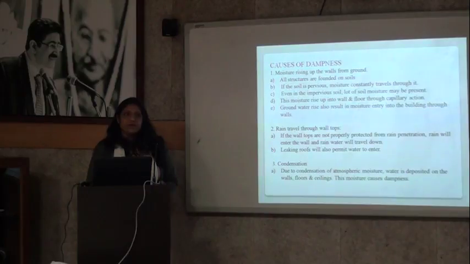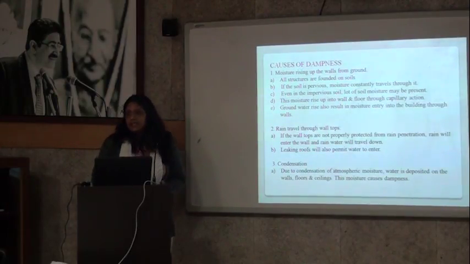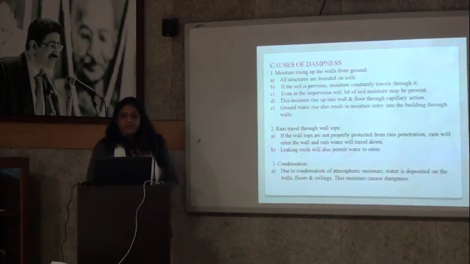The foundation part can easily catch the moisture, and from that substructure, the moisture can travel to the superstructure, the walls which are above the ground. This way, the walls can easily get attacked by dampness. So, we need to treat the ground level.